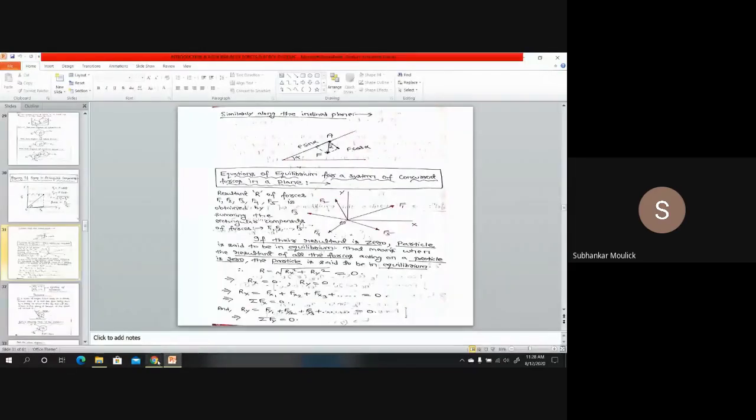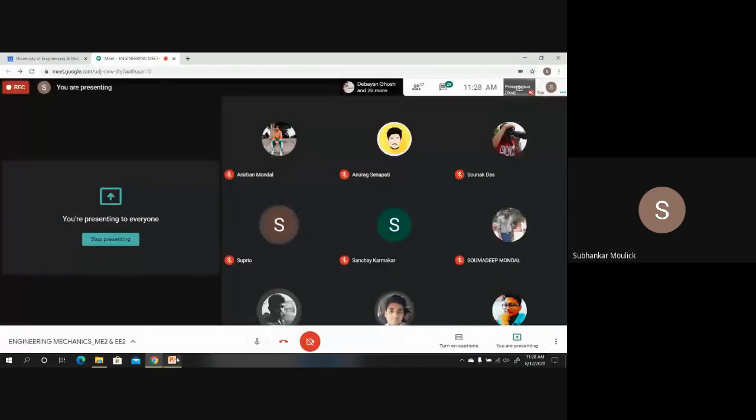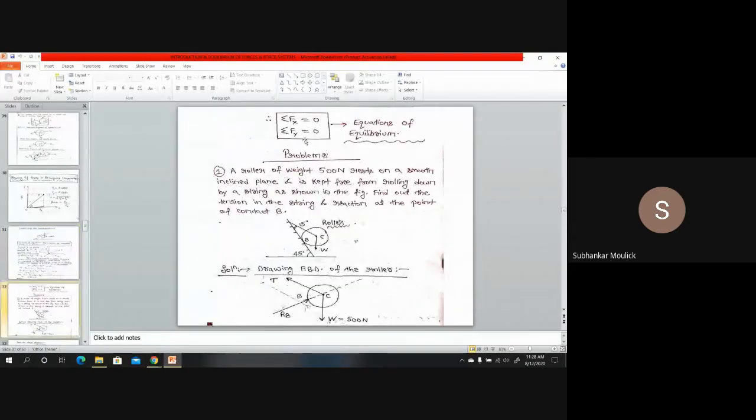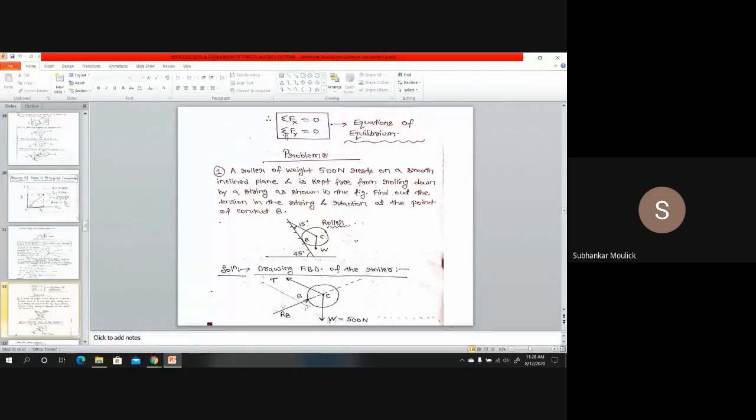That condition is that the summation of all forces along the x-axis should be equal to 0, and the summation of all forces along the y-axis should be equal to 0. And if a 3D body is given, I need to check whether the summation of all forces along the z-axis is also equal to 0 or not.